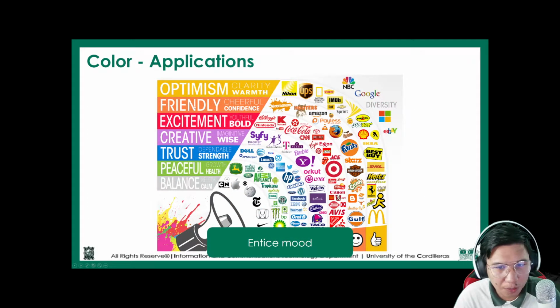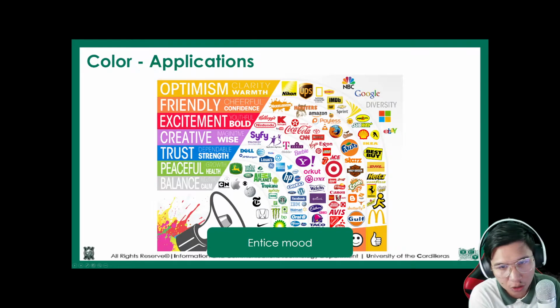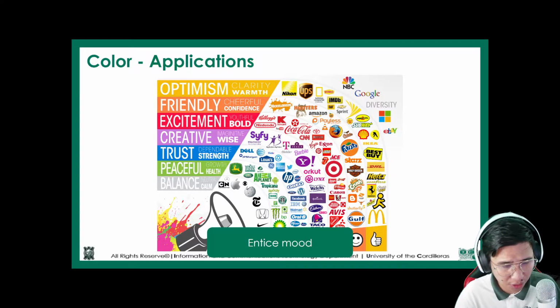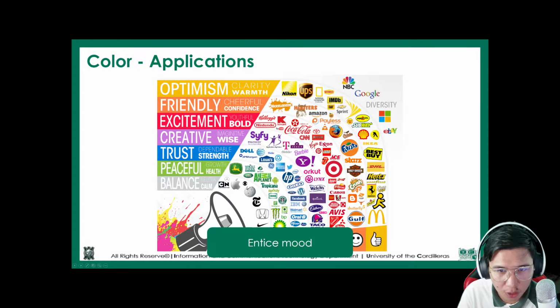Yan. So, kapag in-apply mo kasi si colors, we also have what we call the psychology of colors. Depende kasi sa color na ginagamit mo, you can show or you can entice the mood of a certain scene or of a specific logo, for example. So, for example, kapag gumagamit ka ng colors such as related to red, meaning you are enticing excitement. Tapos, usually ginagamit ang red sa mga pagkain.